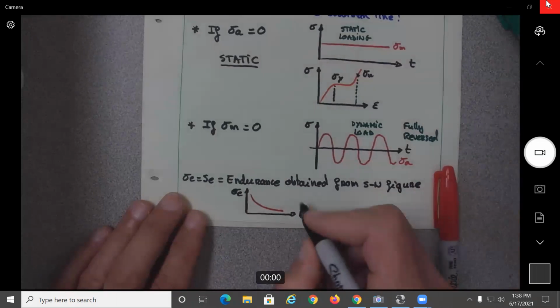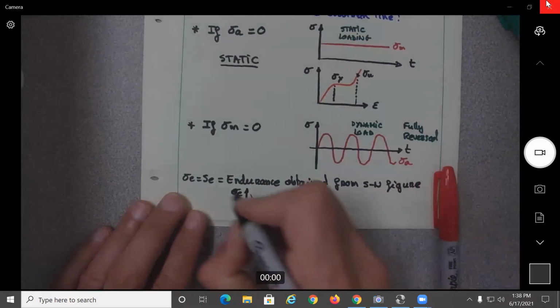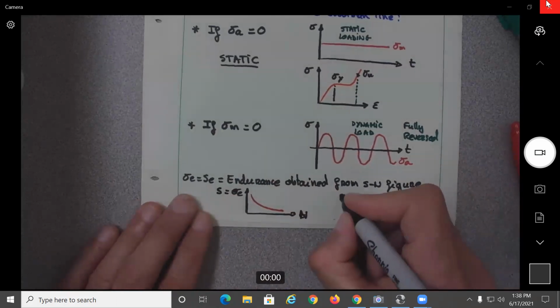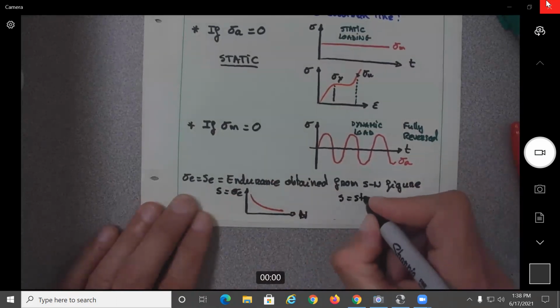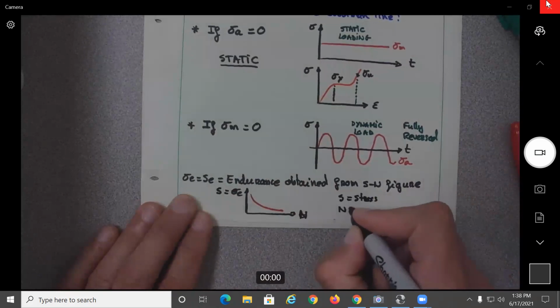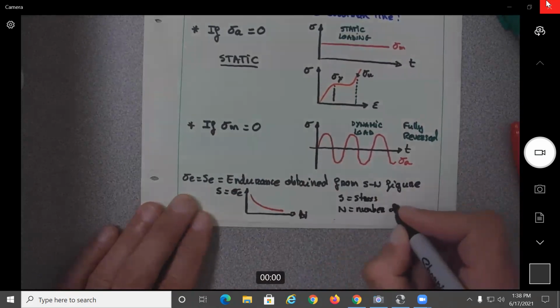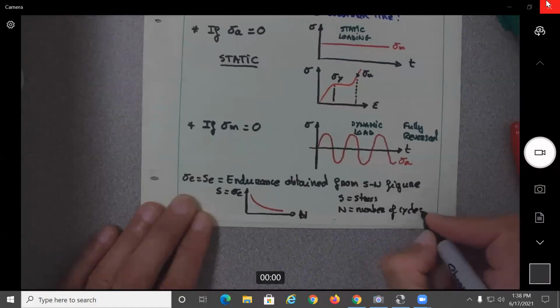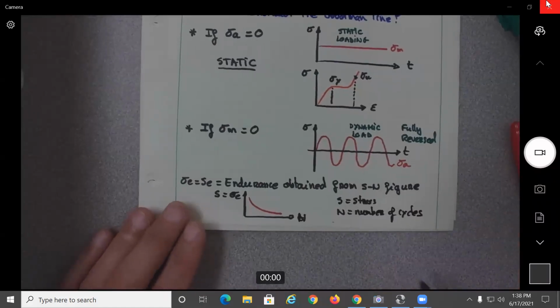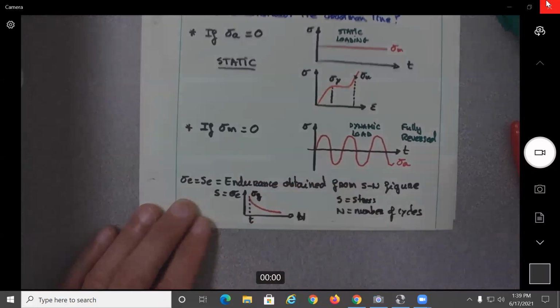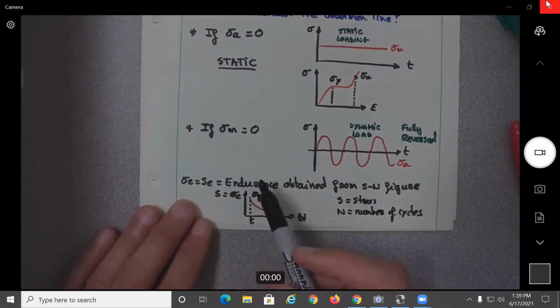So this is N. This is stress versus the number of cycles. So S stress and number of cycles. So this is only to show that if it is one cycle here, probably this value here will be equal to the yield value. And then if you apply this multiple times, probably it will start breaking under the yield value, no?